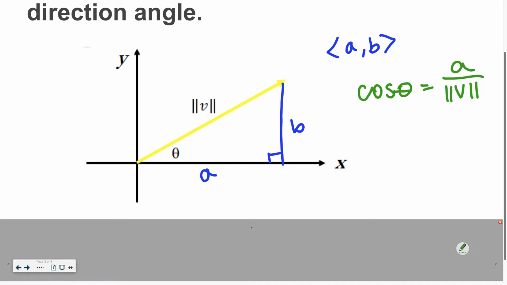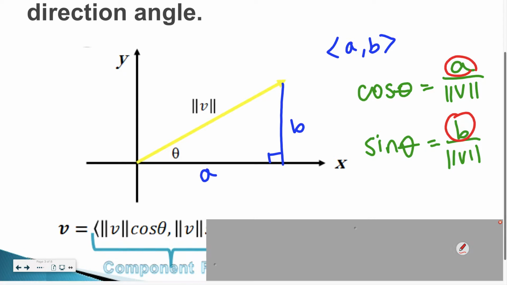So if we wanted the horizontal component A, we can multiply the magnitude over. Do you agree? Okay. What about B? How could we find B? Sine is opposite over hypotenuse. Well, if we want vertical component, then once again we can multiply that magnitude over.